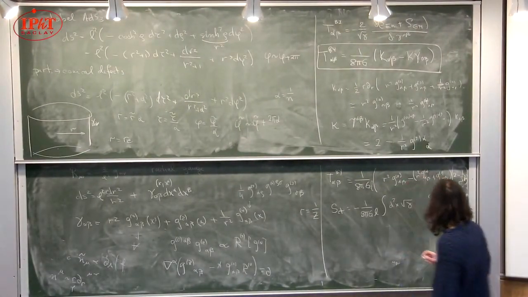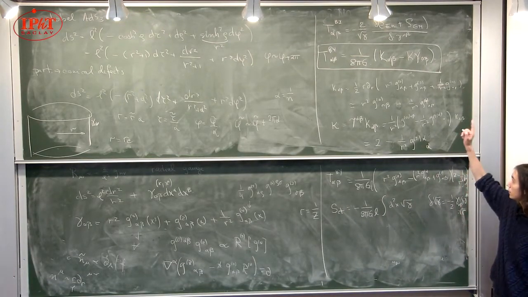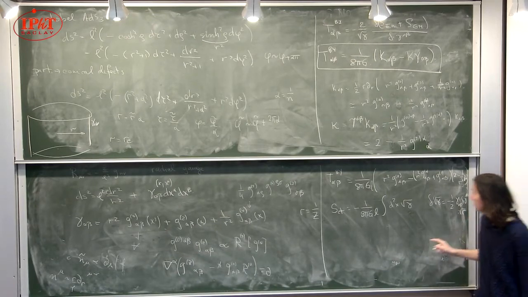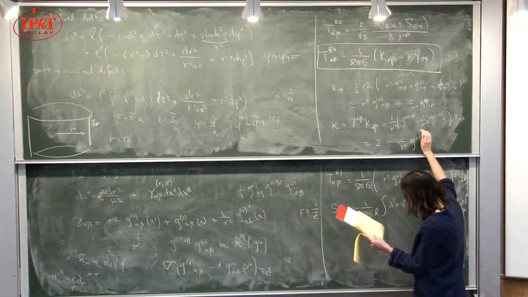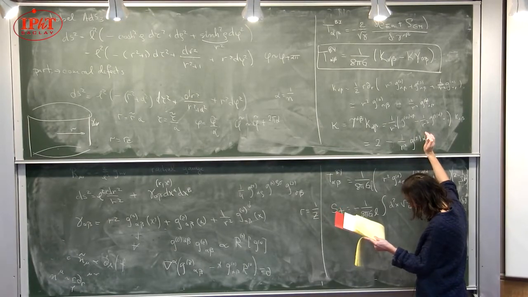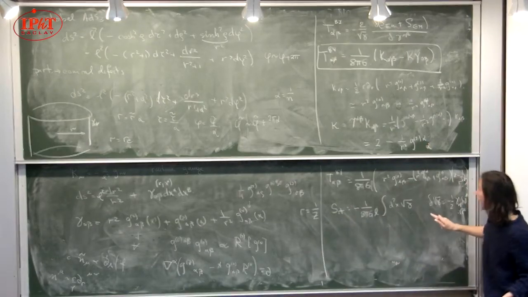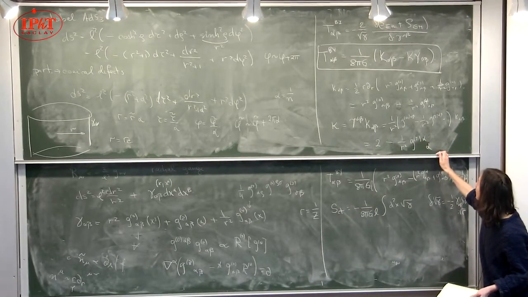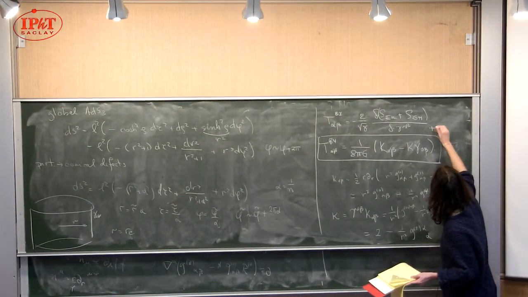Taking into account the fact that the stress tensor has some factor of 2 in the definition, presumably, my notes are really unreadable. I'm really sorry. But it should add a plus gamma alpha beta.